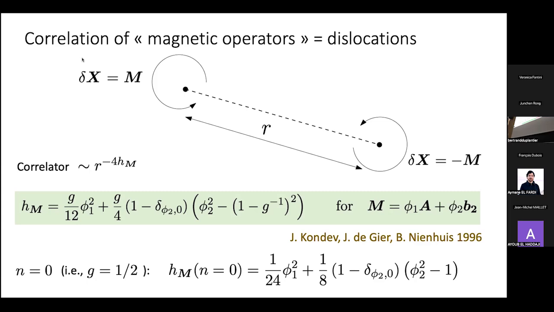And then we have this nice formula, which comes from the Coulomb gas. This is just a standard formula for the dense phase with psi2, and then there is an extra one for the psi1 component. You have to admit this. This is something you get from the Coulomb gas approach, developed by physicists in the mid-80s, and reconsidered in the mid-90s by other people, in particular Kondev, de Gier, and Nienhuis, in 96.